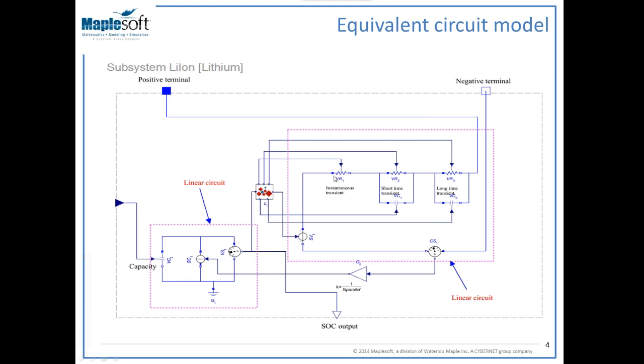The parameters of the electric components, for example the variable resistors and capacitors here, are determined by a MapleSim custom component block in the middle.